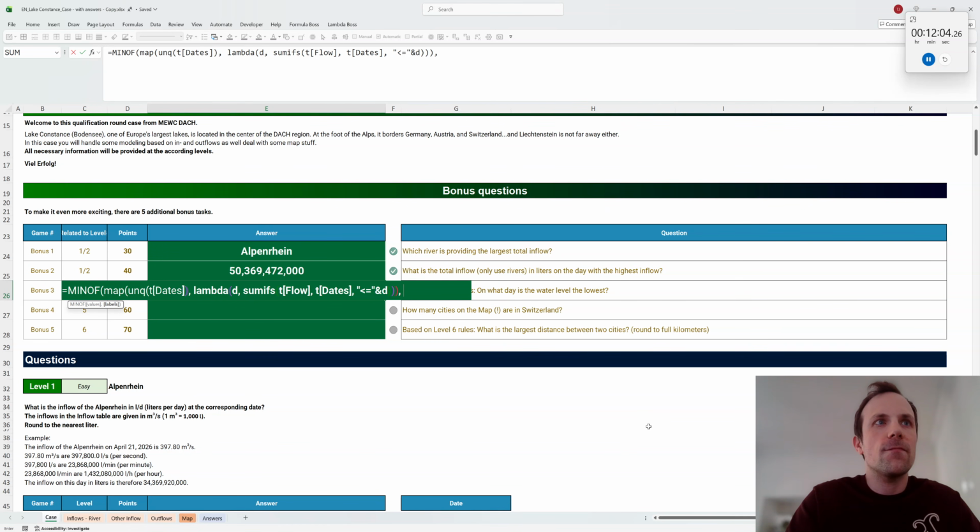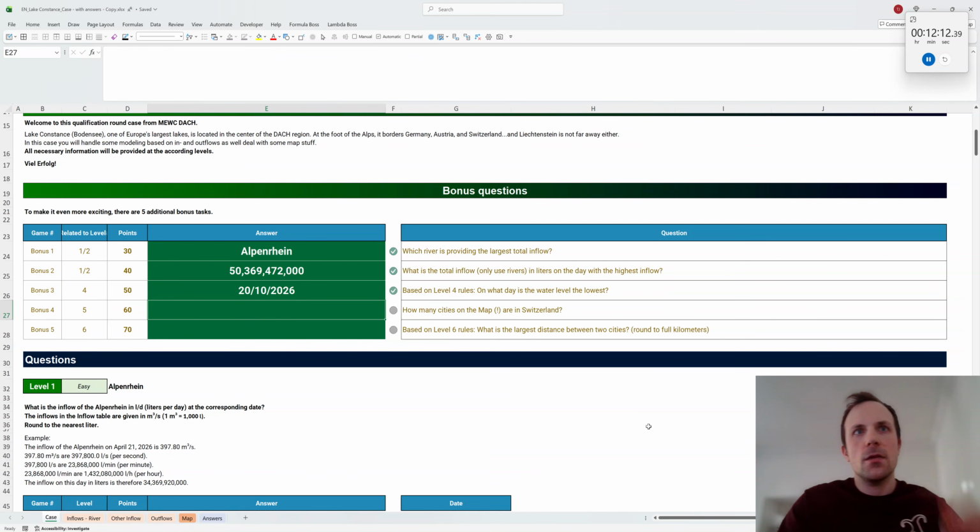That should be my values, and now I need my labels, which are my unique T dates. Nice, 24th October.